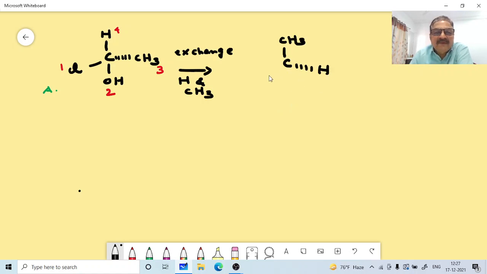OH should be on a wedge. Okay, we are getting a molecule of this nature.